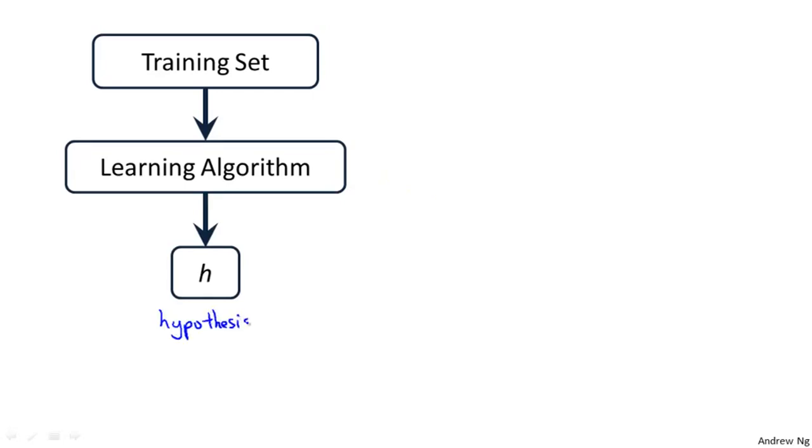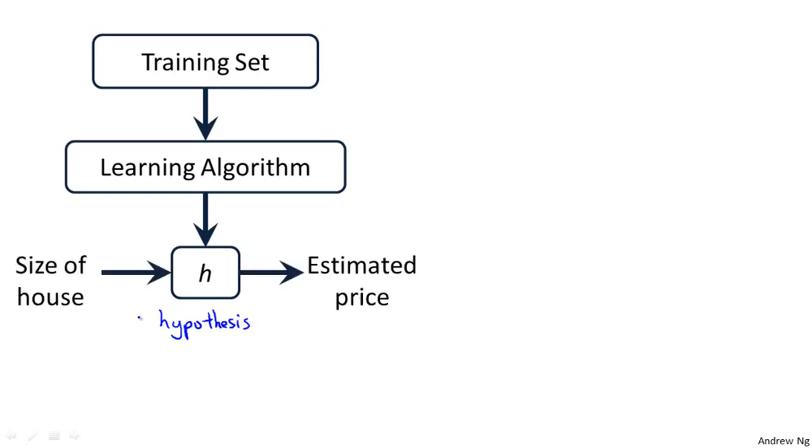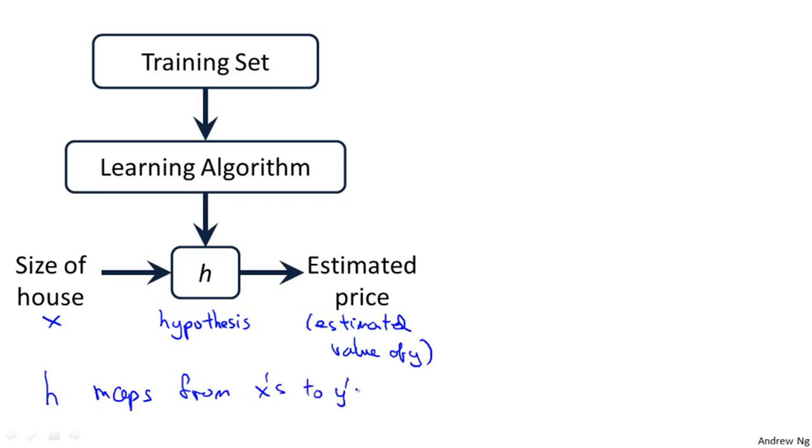The job of the hypothesis is to be a function that takes as input the size of a house, like maybe the size of a new house that your friend is trying to sell, so it takes in a new value of x, and it tries to output the estimated value of y for the corresponding house. So h is a function that maps from x's to y's.